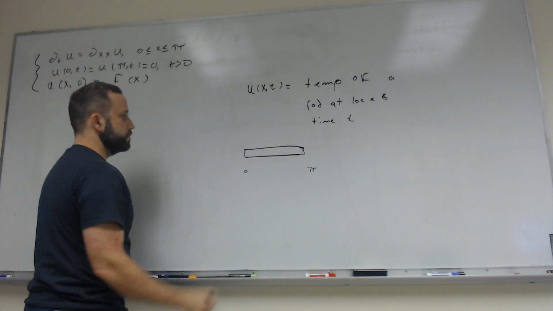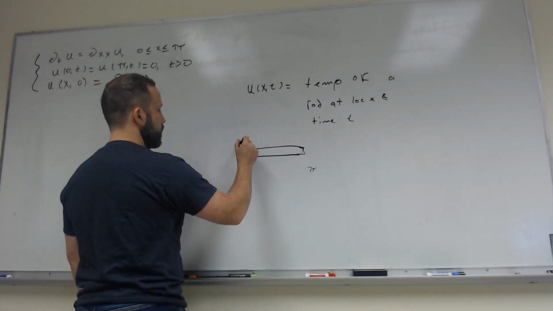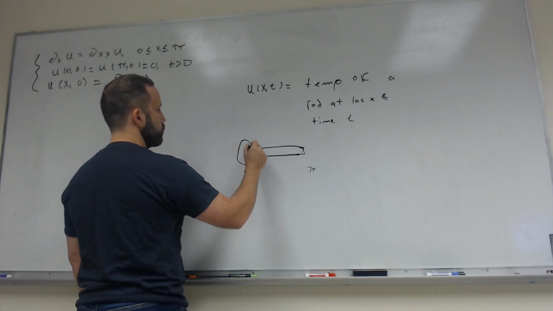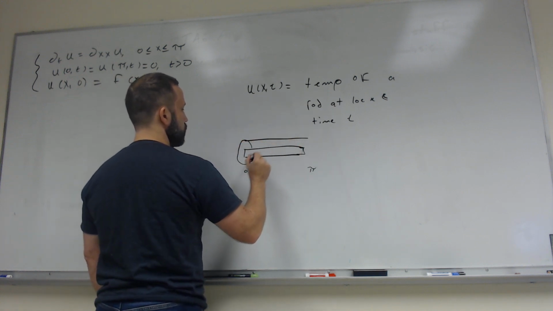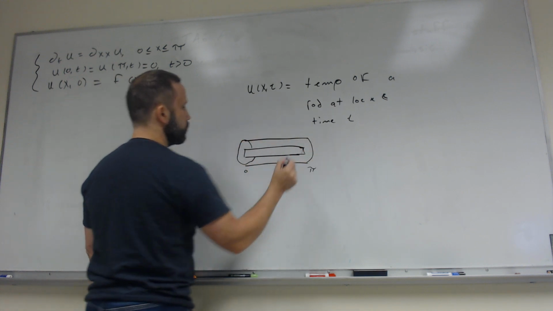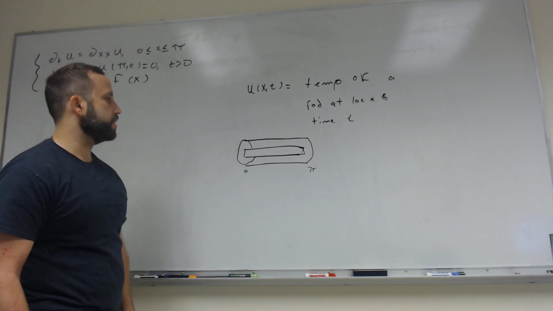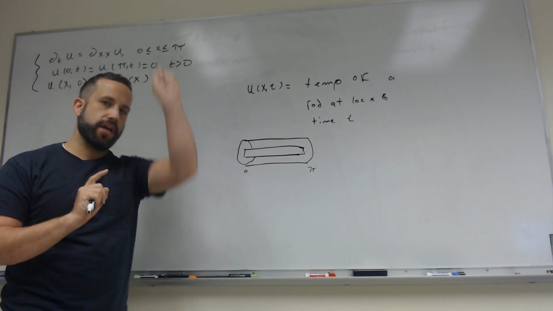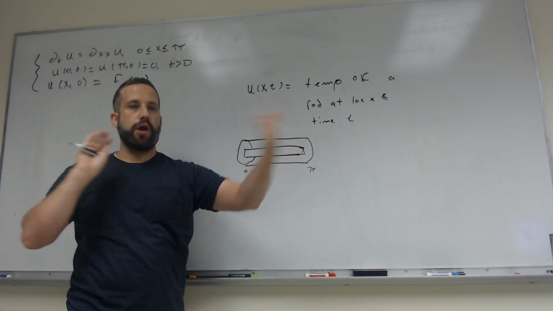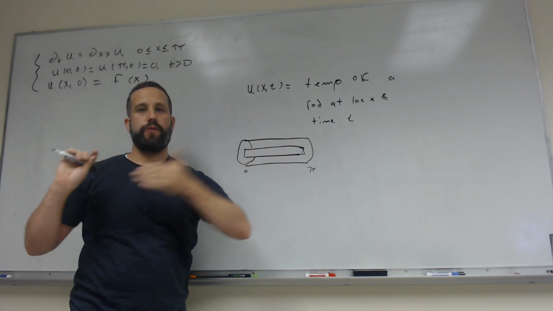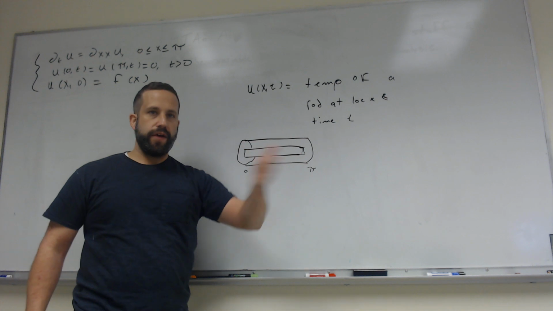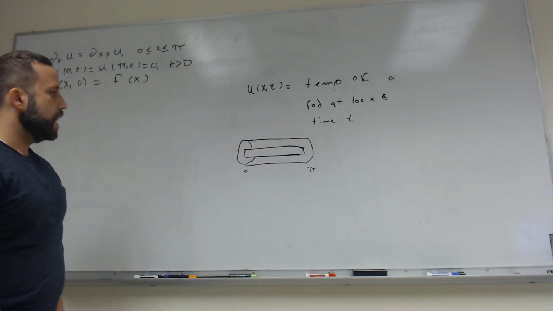We're going to make an assumption that it is insulated laterally. So there's some insulation going this direction laterally. That doesn't look right, I can't draw. But we're assuming the rod is insulated laterally, so heat can't go up or down. It can only move left or right, which makes this a one-dimensional problem. Heat's only moving left or right.